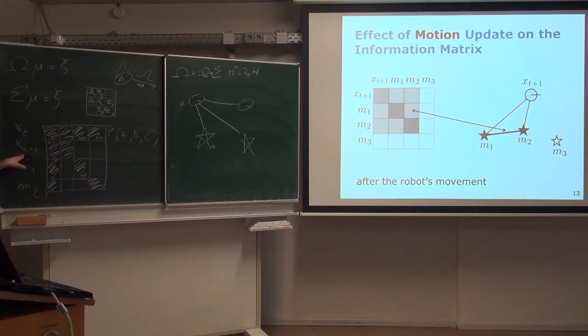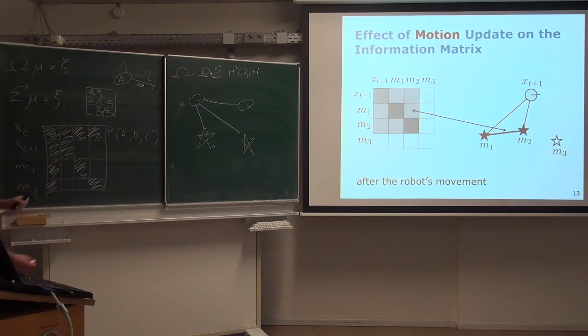Now the problem is that we need to marginalize xt out. And if you remember, when we marginalize a variable in the information matrix, what we take is this block minus this block multiplied by this multiplied by this. If we do it here, what will happen is exactly what you see there.